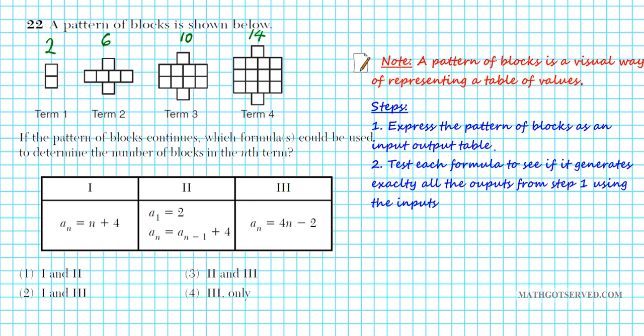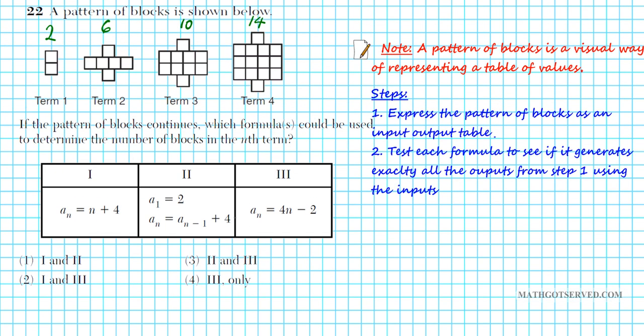Now let's organize this in a way that's easy to work with. We're going to make an input-output table. So let's put it down here. So we have 4 ins and 4 outs. We're going to call this n, and this is a sub n, okay?